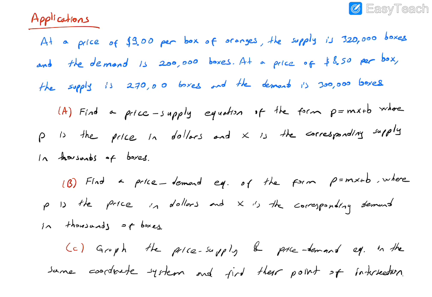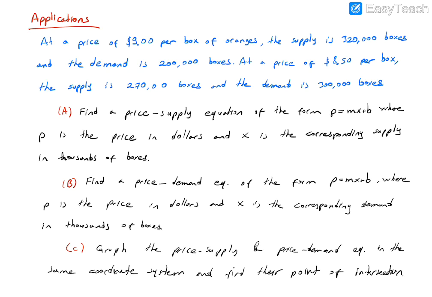The second sentence: at a price of $8.50 per box, the supply is 270,000 boxes and the demand is 300,000 boxes. The question: find the price supply equation of the form P equals mx plus b.